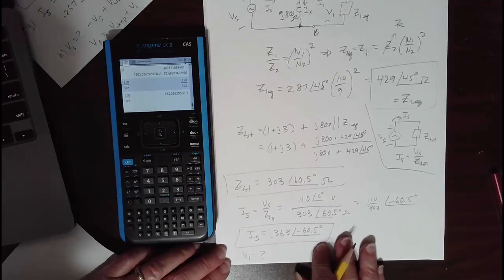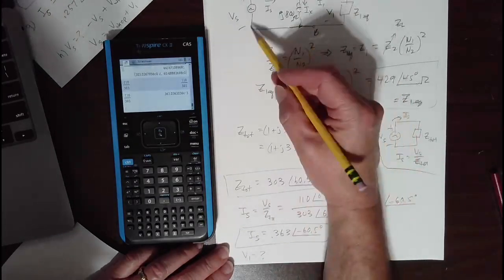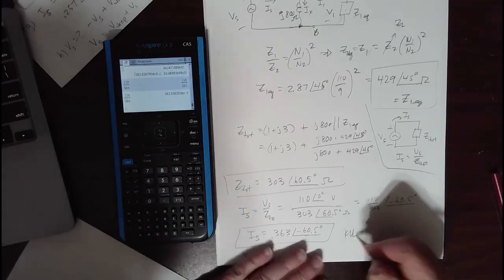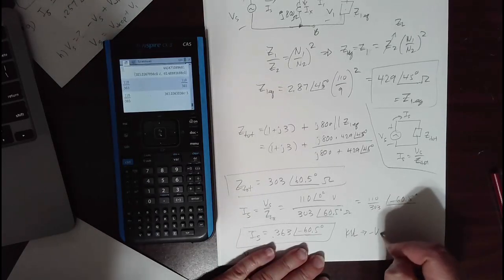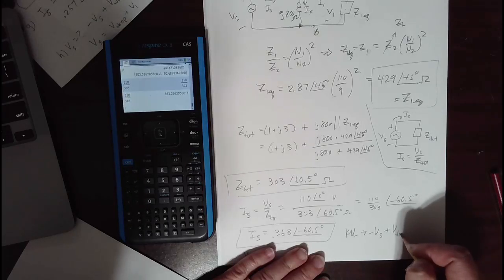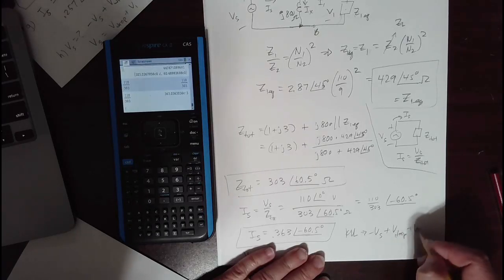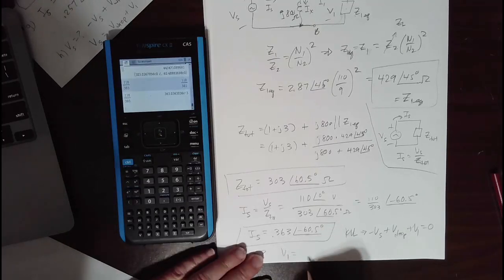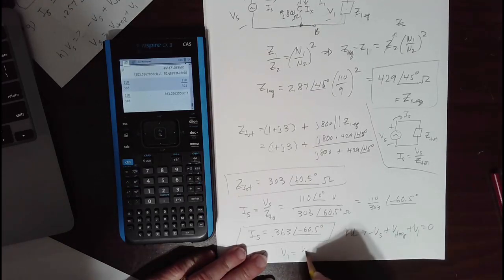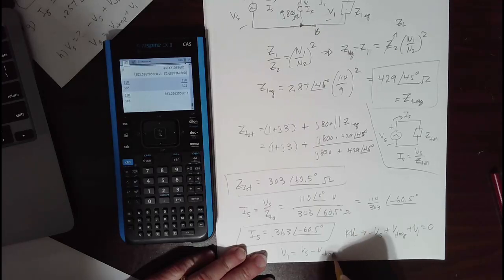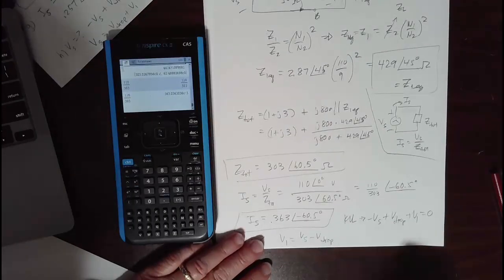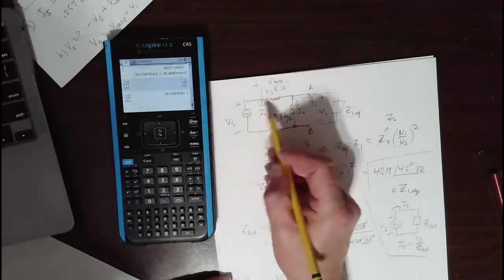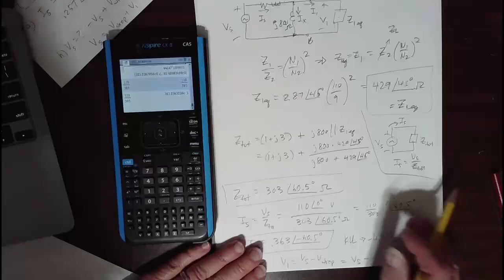There we go, can we see that? So V1 is what? Remember from the KVL, we had said negative Vs plus V drop plus V1 equals 0. So rearranging, this says that V1 must be equal to Vs minus V drop. Right? And V drop is just I times the Z of that series resistance.